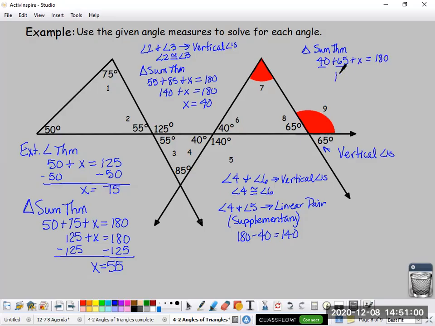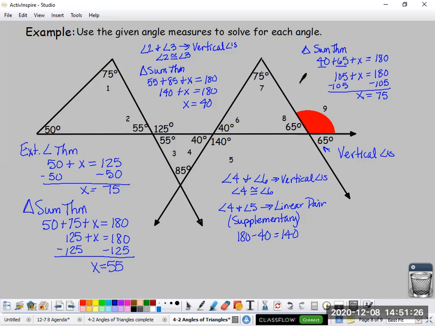Combining our like terms, we get 105. Subtract the 105 from both sides, and we find our unknown angle 7. Angle 7 is 75 degrees.